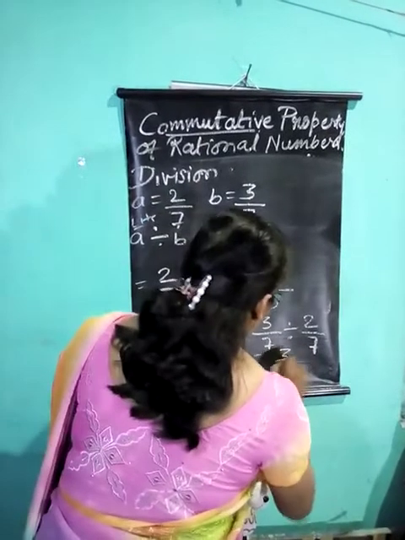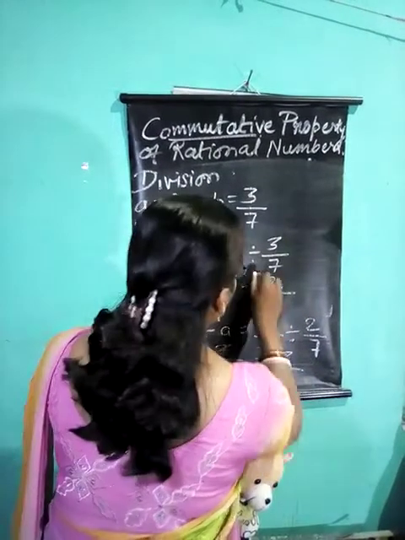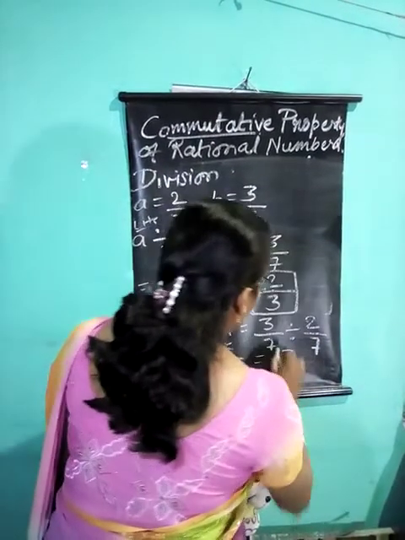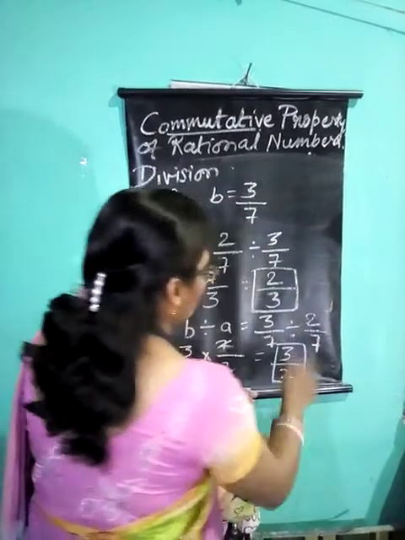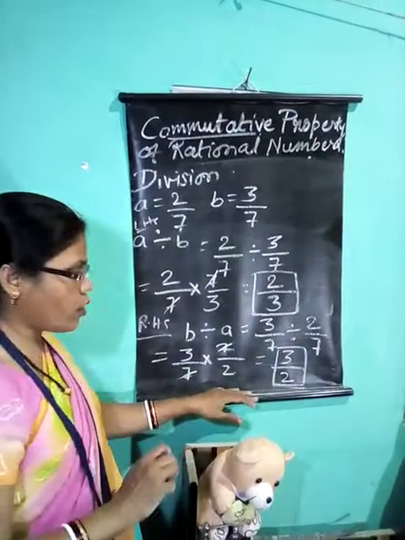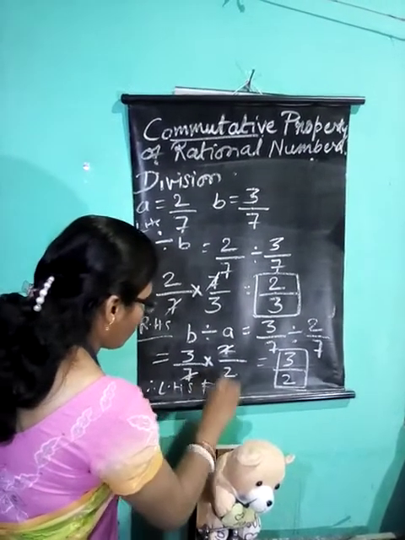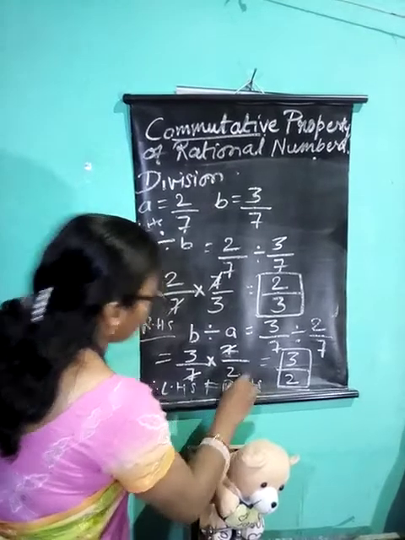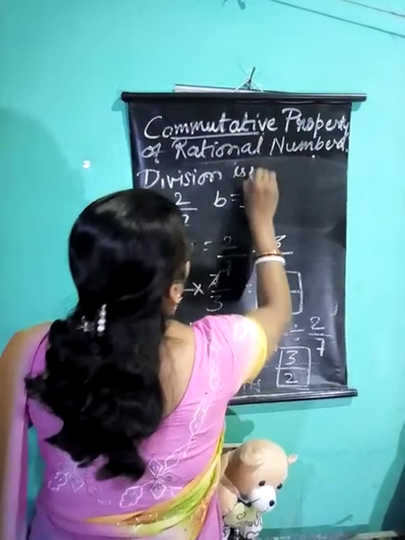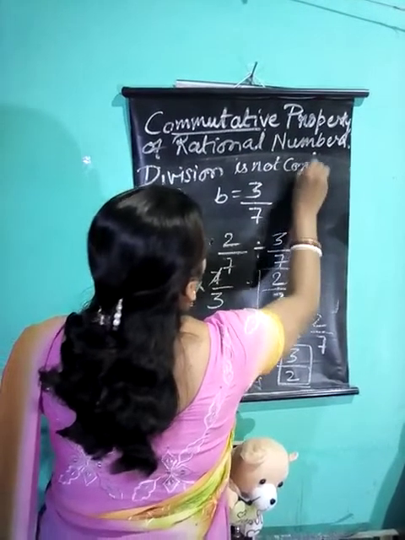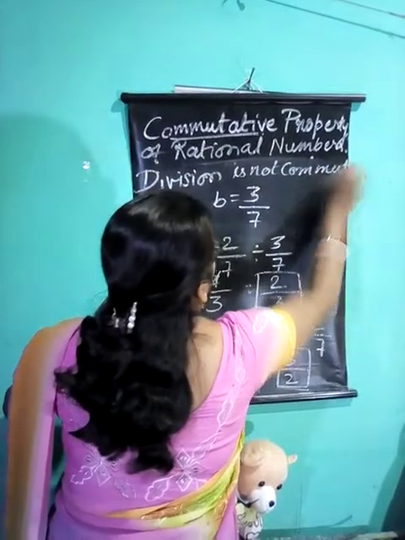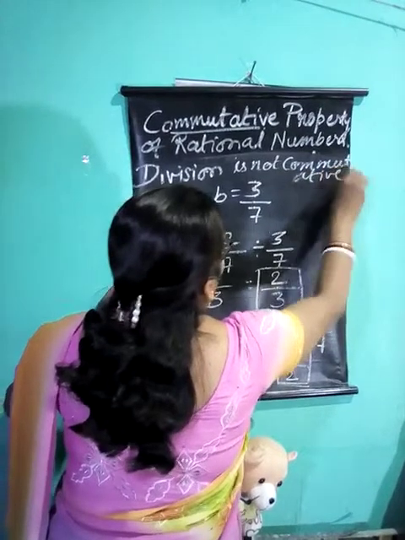Now you get here 3 by 2. Now what is the answer here? It is 2 by 3 and here it is 3 by 2. Both the rational numbers are different. Therefore, LHS is not equal to RHS. Hence, division is not commutative for rational numbers.